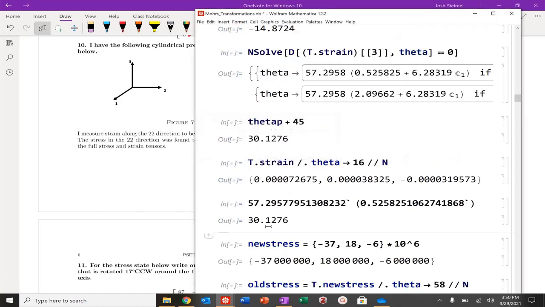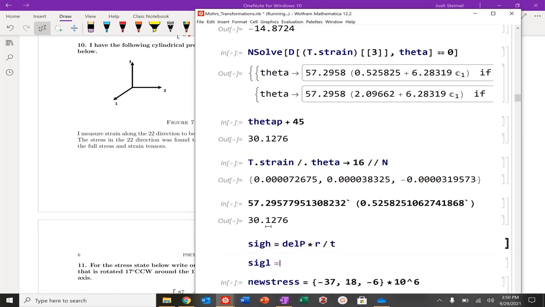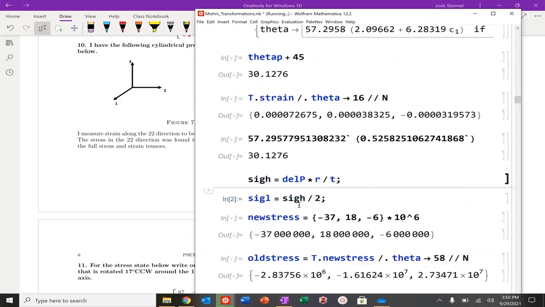Got it. So now I'm going to do that so sig h equals del p times r divided by t. Sig L equals sig h divided by 2. If I'm in a thin-walled pressure vessel, we're not sure yet, but we're guessing that's the case.